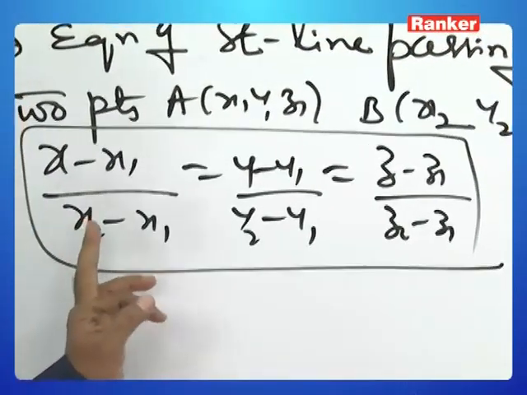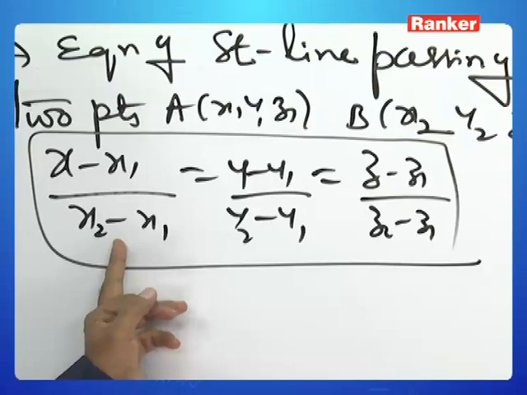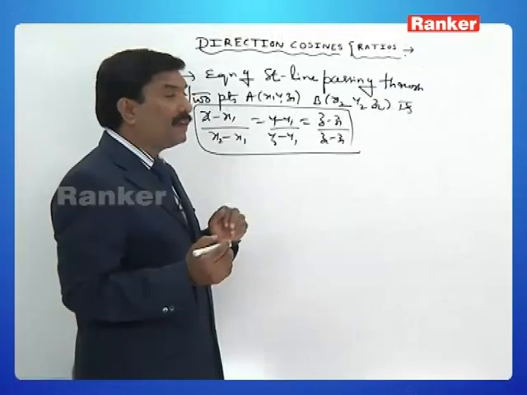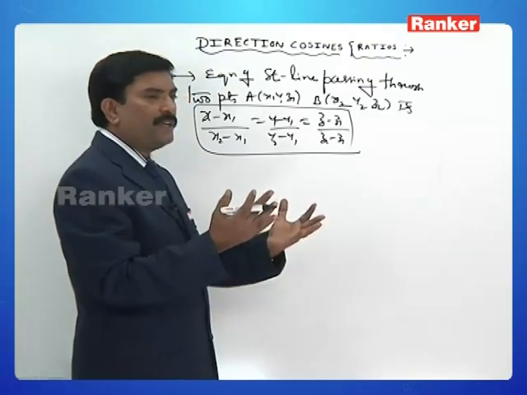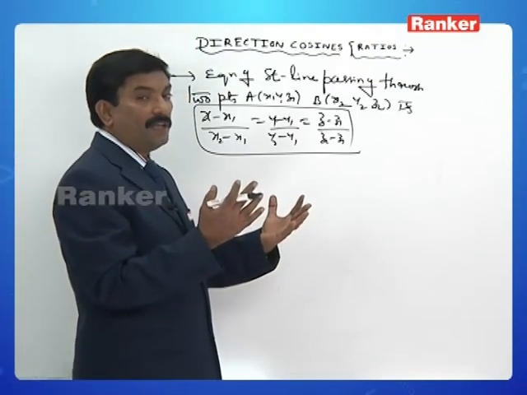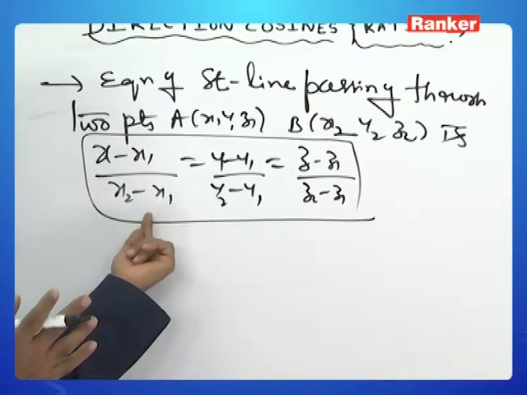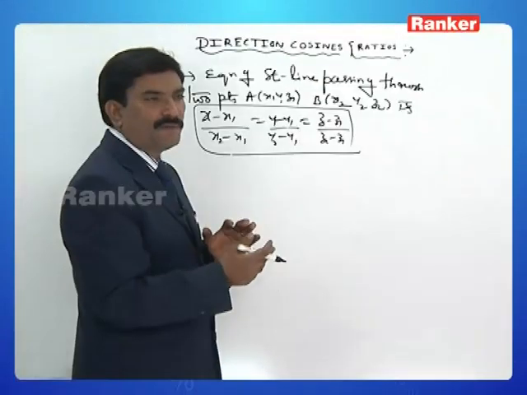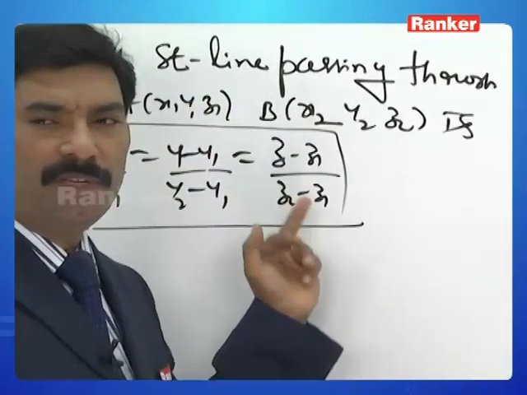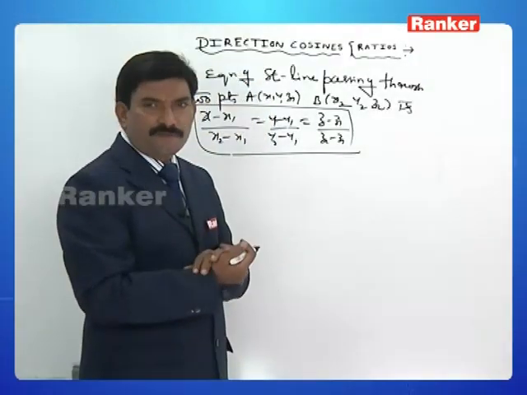This is nothing but the denominator represents the DRs of the line joining the 2 points A and B. Earlier we had (x minus x1) by a, where a is nothing but x2 minus x1; (y minus y1) by b, where b is nothing but y2 minus y1; (z minus z1) by c, where c is nothing but z2 minus z1.